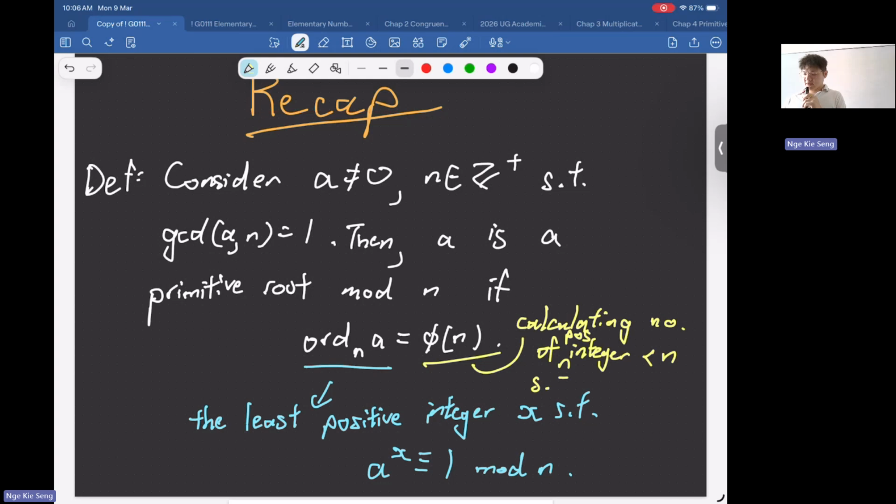So on one side, it's something that you multiply together and get one.